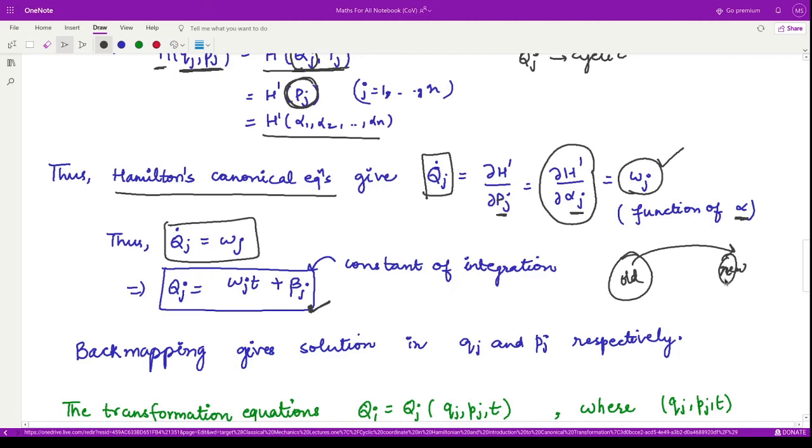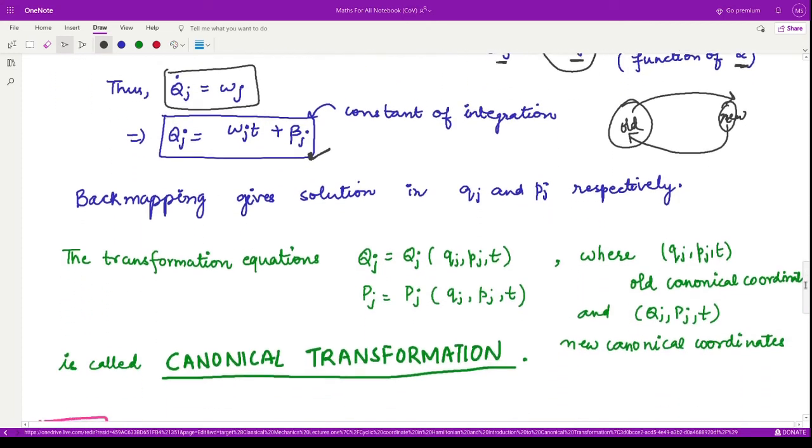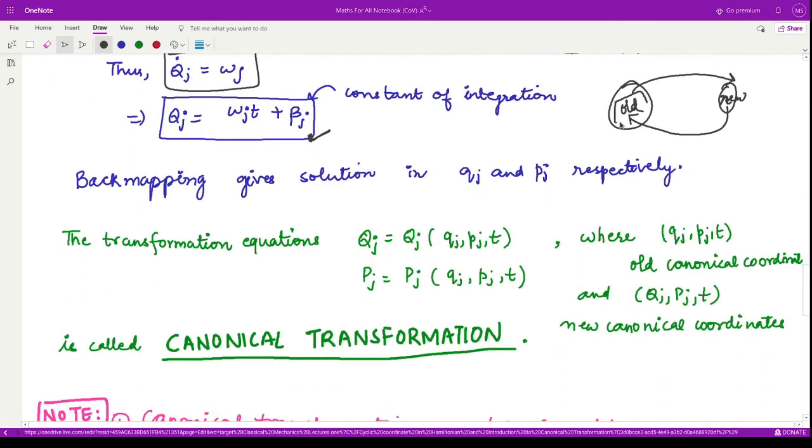Now what you have to do is back transform to the older coordinates. Why? Because we wanted a solution in terms of those coordinates only. So what we do is back map all the solution that we obtained, we convert the solution again into the forms of small qj and small pj. Why?